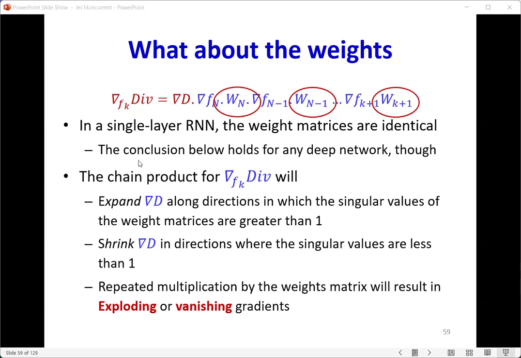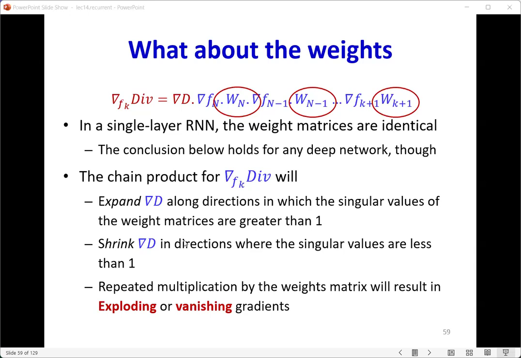Right. What about the rest of you? Do you see this? If I multiply a vector by a matrix, then the vector has components along the singular vectors, and the components along the singular vectors with singular value greater than 1 are going to increase in length.